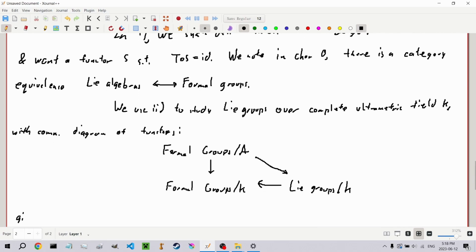And this will give us every Lie group is locally a formal group with its evaluation ring modded out. Alright, nothing like a bit of category theory to start us off.